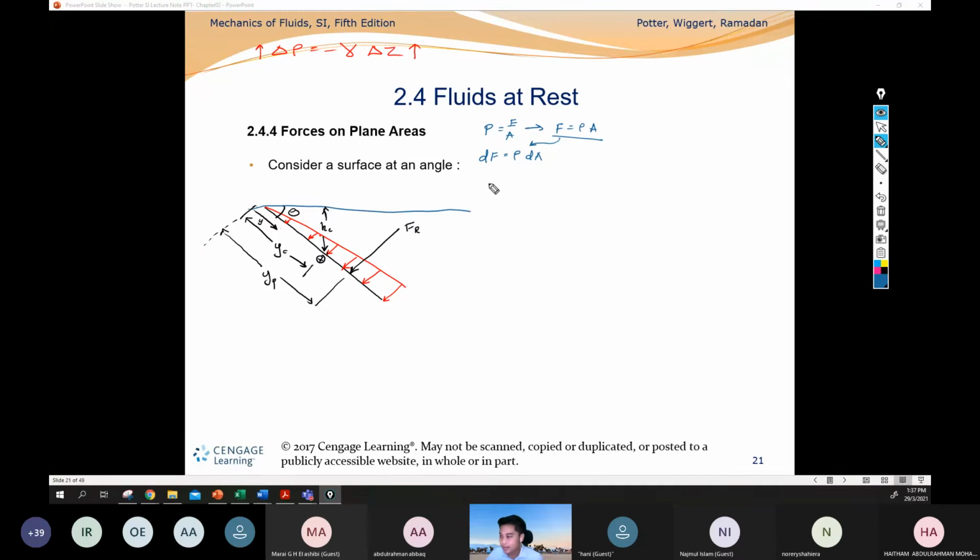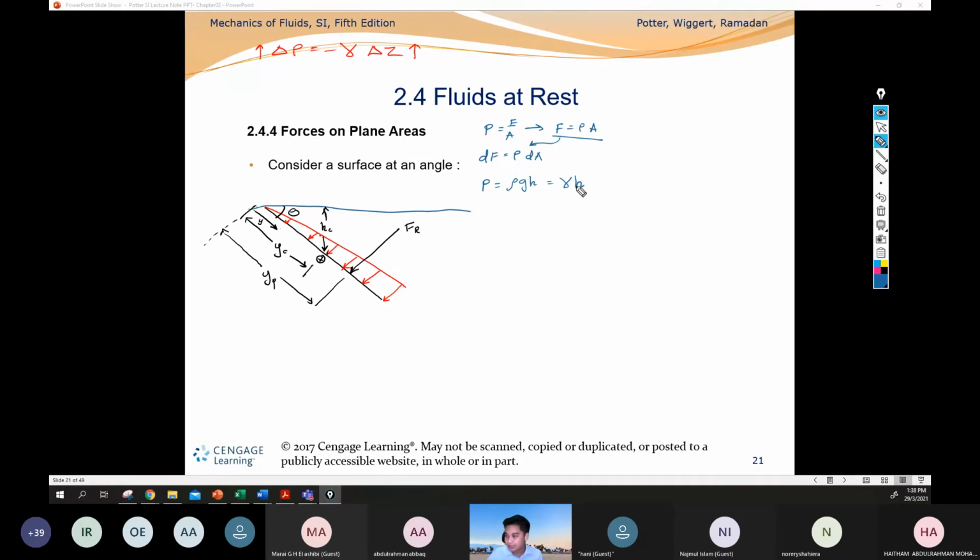We know the pressure, what's the formula of pressure other than force over area? Rho g h, or simply gamma times h.